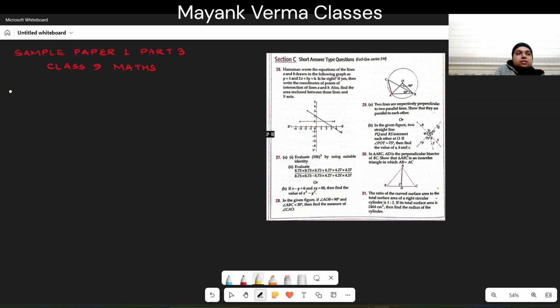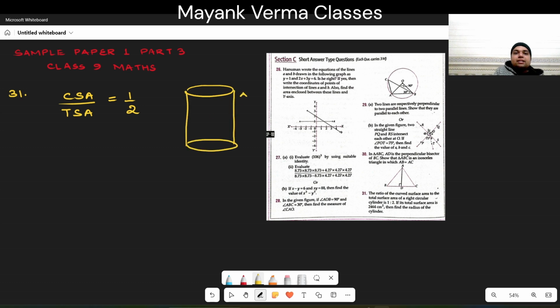31st question. The ratio of curved surface area and total surface area of a right circular cylinder is 1 is to 2. This is given to us, and let's make the diagram as well. This is a right circular cylinder. Height is h and the radius is r. And also total surface area is given as 2464 centimeter square.